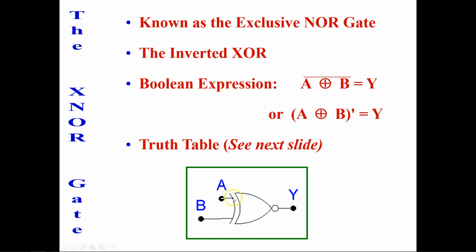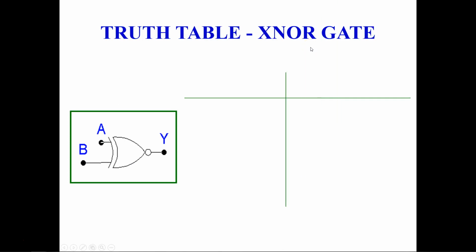And so here you can see the NOT is added to the XOR gate, which has made this logic gate XNOR.